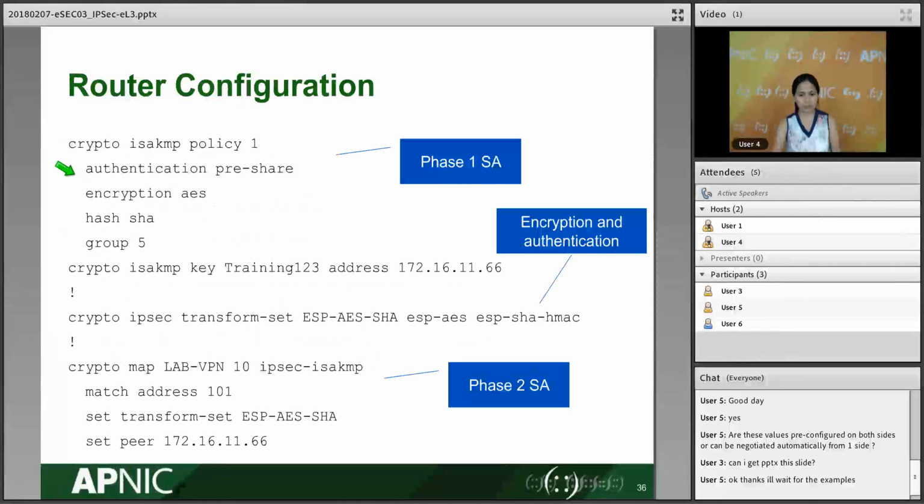Okay, this is the router configuration that I have.